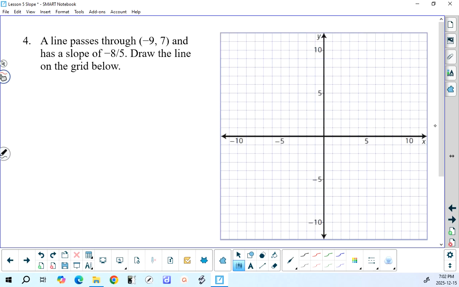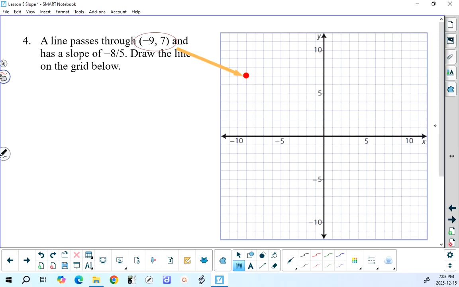We have one more example. This time we're asked to draw a line. This almost goes full circle back to the warm-up at the beginning, except we're asked to draw a line with a particular slope passing through a particular point. Well, we can plot -9, 7. That's like taking candy from a baby. X is -9, y is 7.